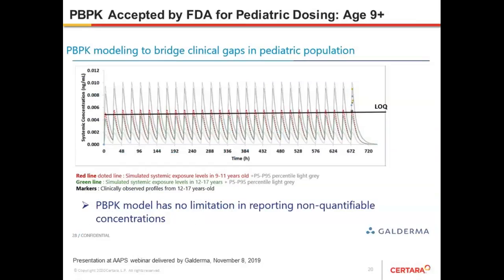So what we have here is the clinical information about the measured concentration after multiple doses of the drug given topically for the 12 to 17 years old individuals. But at the same time, the clinical question is whether we can expect the same systemic exposure for younger individuals, in this case, 9 to 11 years old kids.